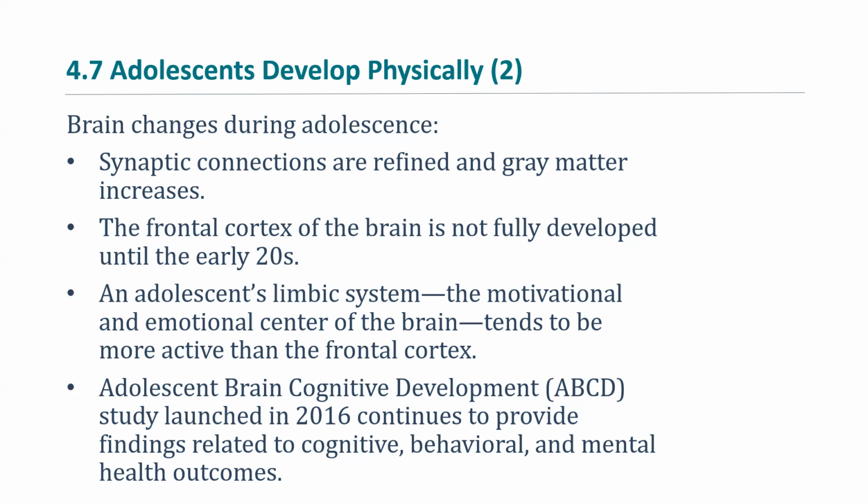Well, the prefrontal cortex helps to control those impulses and helps to rein in those risk-taking behaviors. And so you see the risk-taking behaviors in between the limbic system finishing development and the prefrontal cortex finishing development.